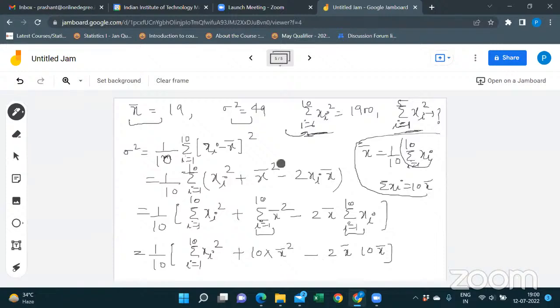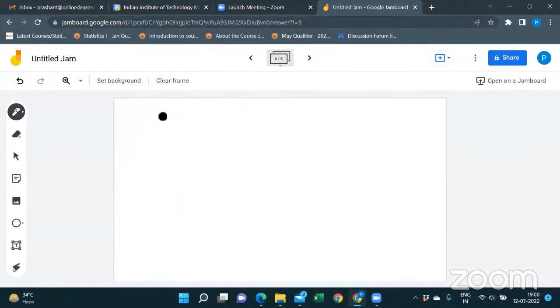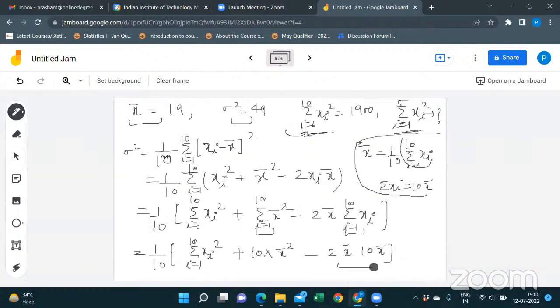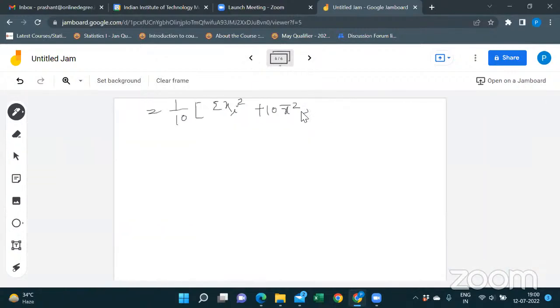Now the next step will be 1 by 10 summation of xi square plus 10 x bar square minus 2 times 10 x bar square, that means 20 x bar square, right? So 1 upon 10 summation of xi square minus 10 x bar square.